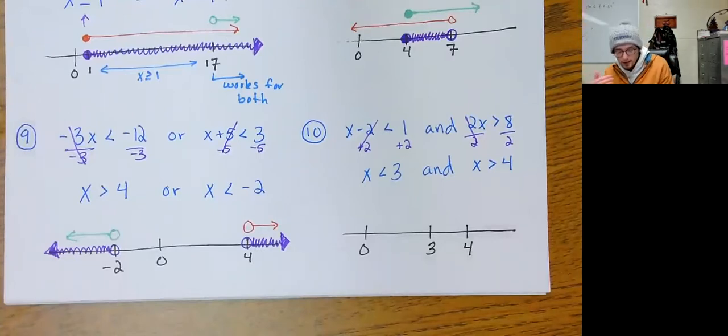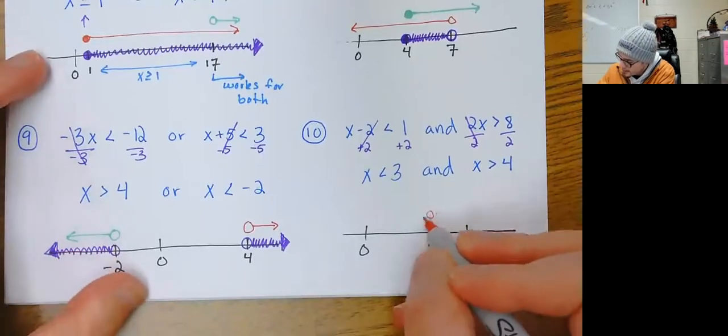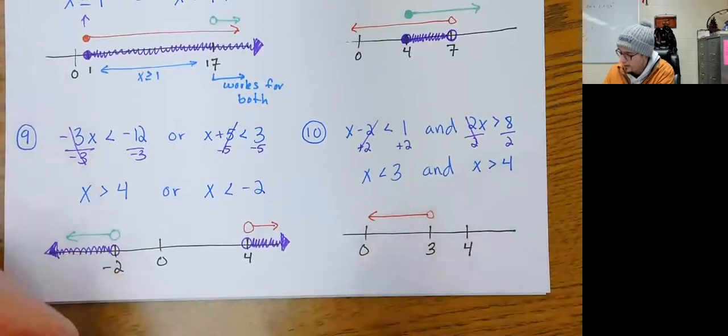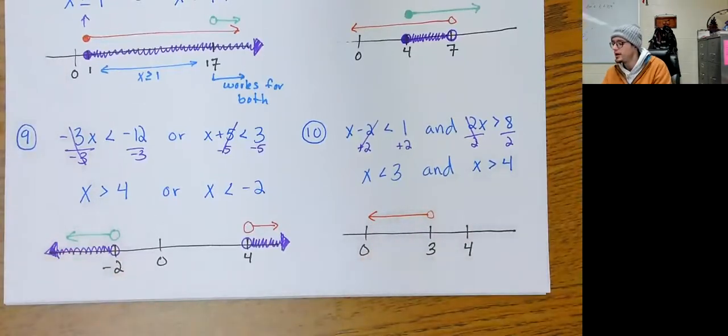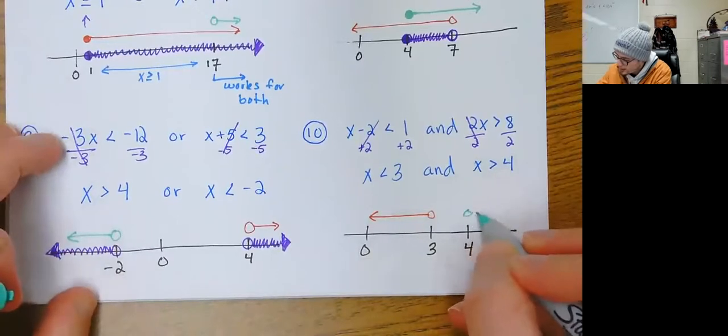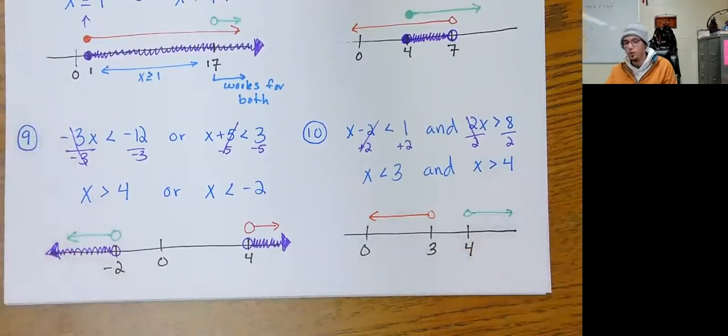So let's find out. We've got to first graph it above. Don't just assume, graph it above. So x is less than 3, so that's here, less than 3. All right, looks good. X is greater than 4. Okay, that looks good. Wait a minute.